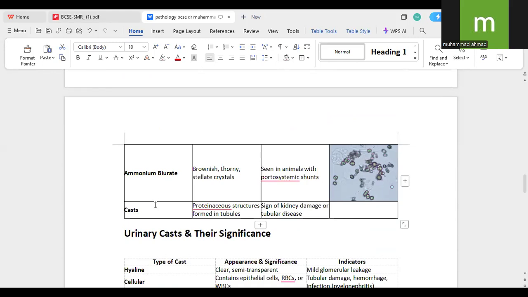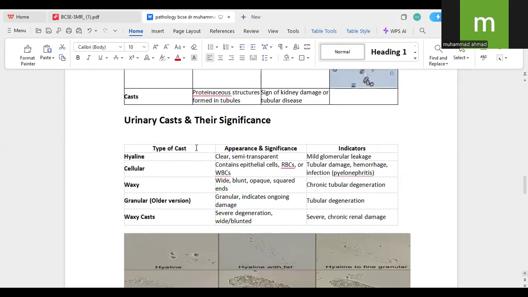Okay, casts. Casts are basically proteinous structures formed in the nephrons or tubes. Signs of kidney damage or tubular damage. If there are more casts, there is more chance of increased kidney damage or tubular disease. There are different types of casts: hyaline, cellular, waxy, granular.